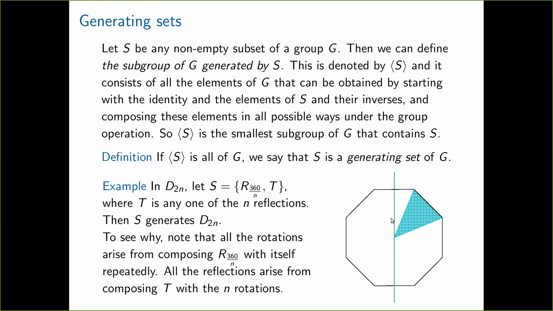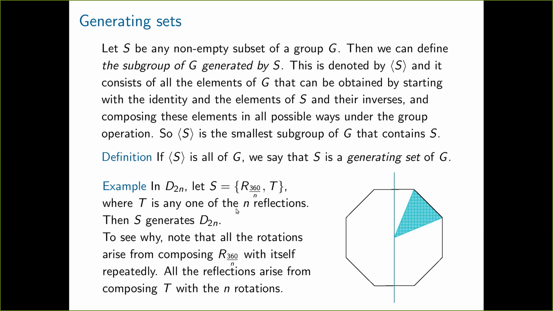So t is just any one of the reflections, so we can think of it as being the reflection of that vertical axis here for the octagon. The assertion is that those 2 elements, the rotation through 1 over n of a full turn, and any one of the n reflections, are enough to generate the entire dihedral group of 2n elements.